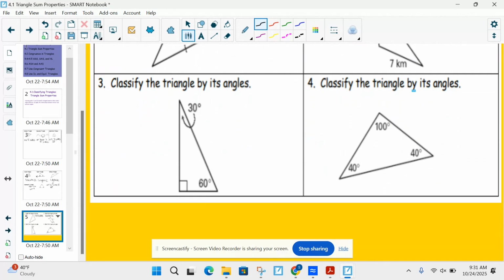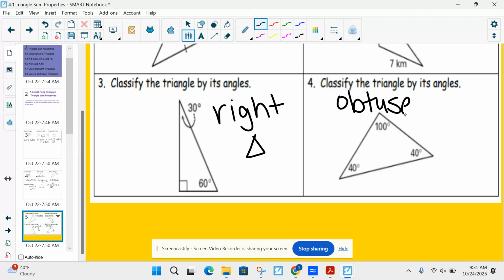Kendall? Yep, that's a right triangle. See how easy this lesson is? I told you guys. Number 4. Alex? Obtuse. Yes. And obtuse is spelled with an S, not a C.